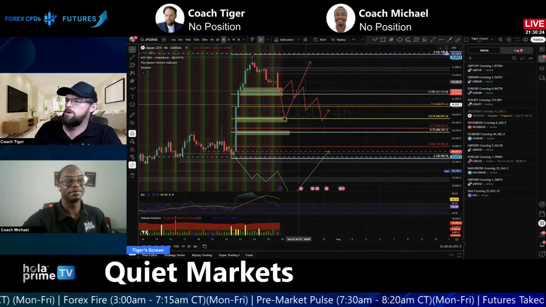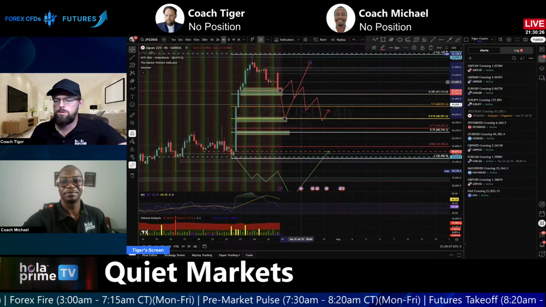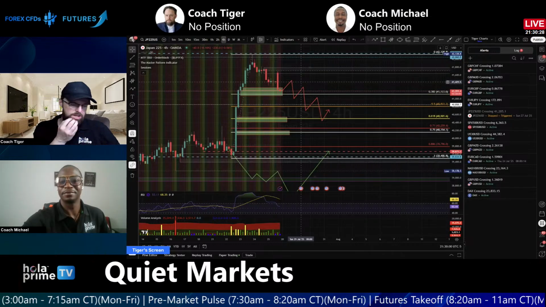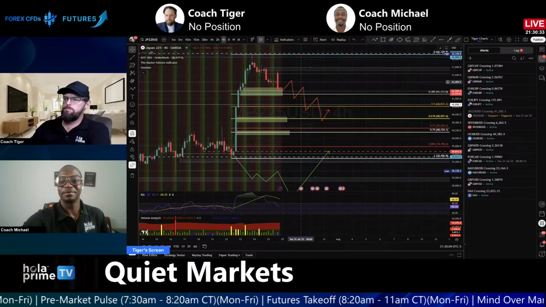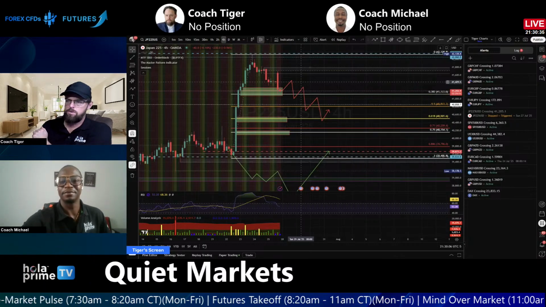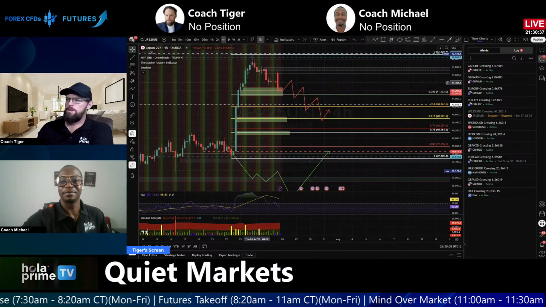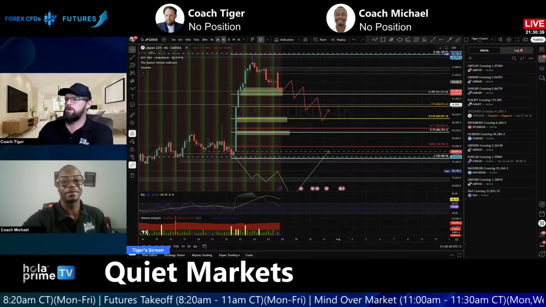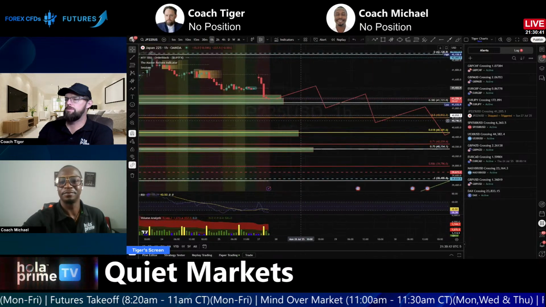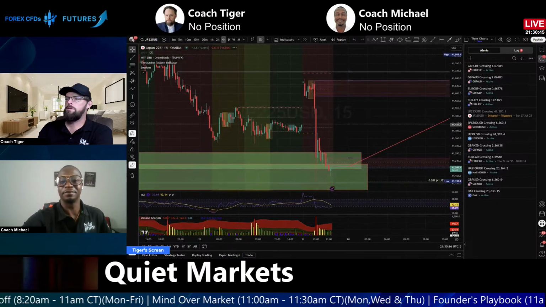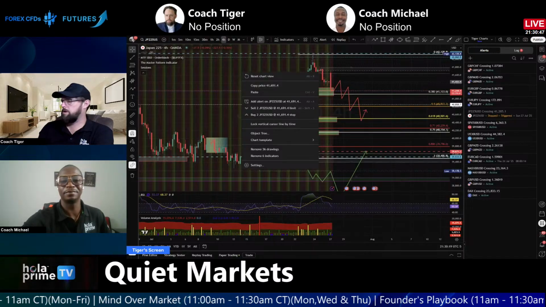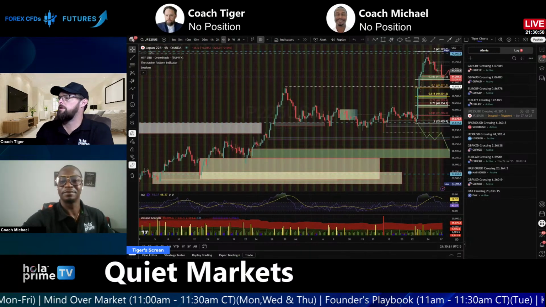If it starts doing all this sideways stuff a lot slower, and this is why I think I've talked about this a while back, why I would prefer to see price hit my zones quicker than normal. Because now people are looking at this on the smaller time frames and they're seeing, oh, it's in a downtrend. It's in a downtrend, right? So that's just kind of my 2 cents I thought I would share on that.